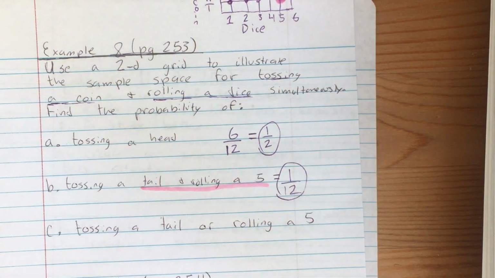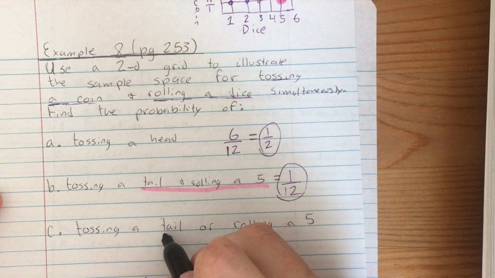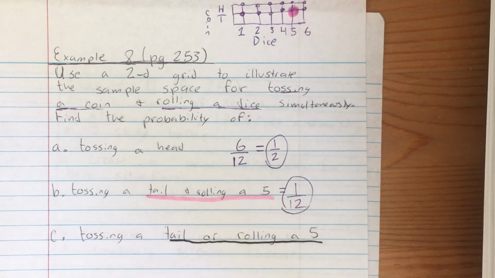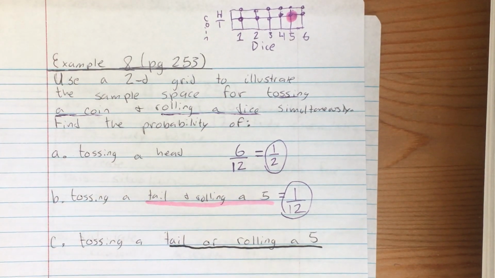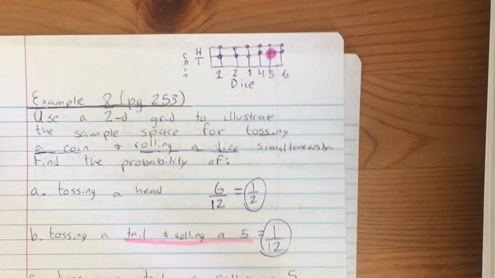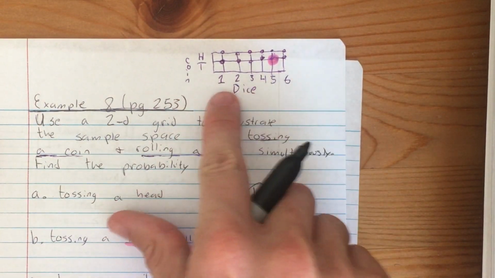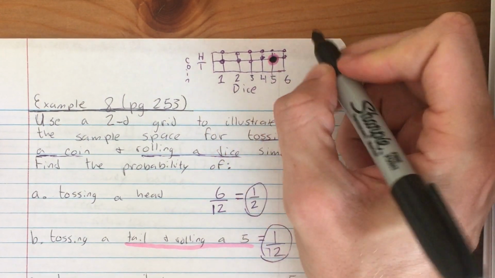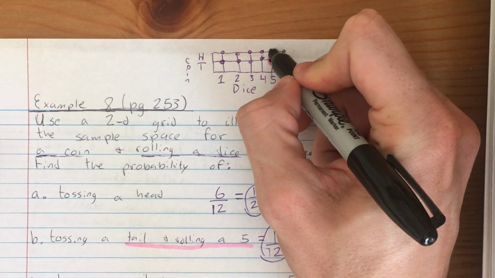And then if you look at tossing a tail or rolling a 5, so "or" implies a bigger choice of things than "and" does. Because "and" means both things have to be true. "Or" means one of those things has to be true. So if we're looking here at the 2D grid, the ones that are rolling a 5 are this one and this one.